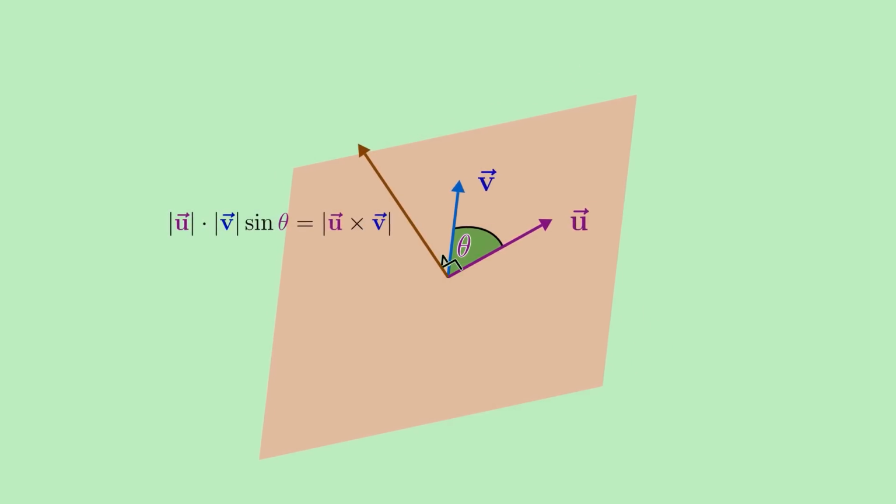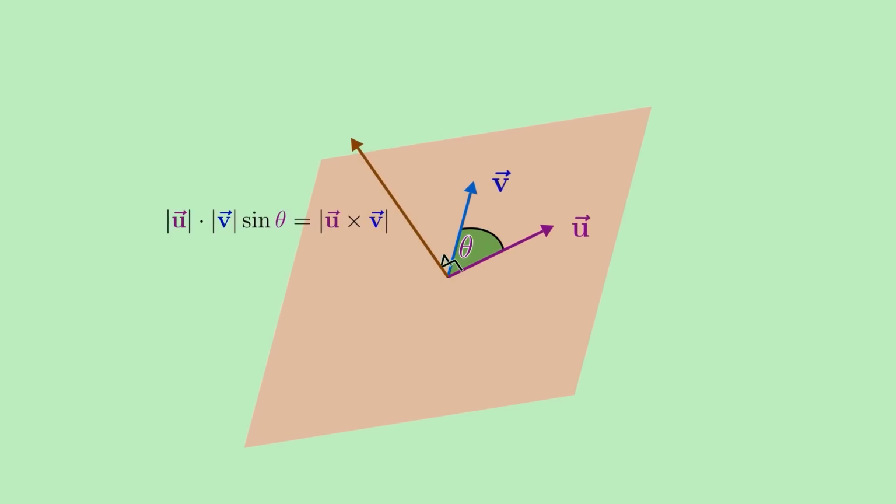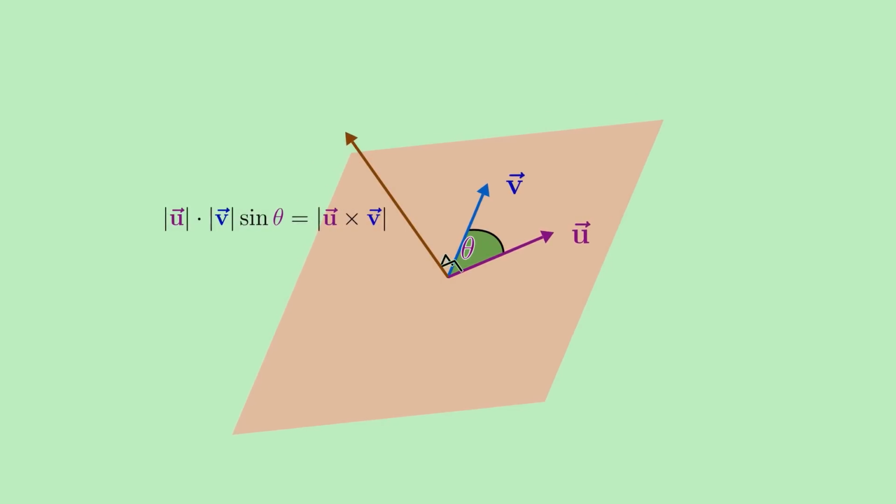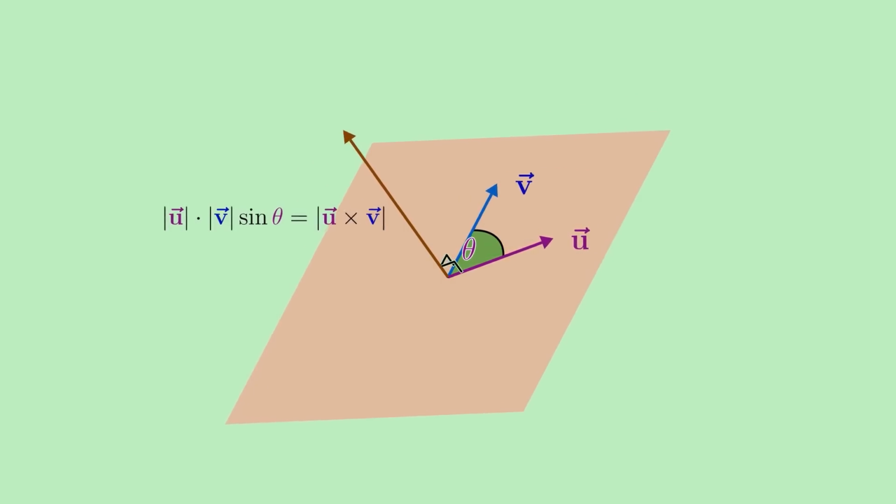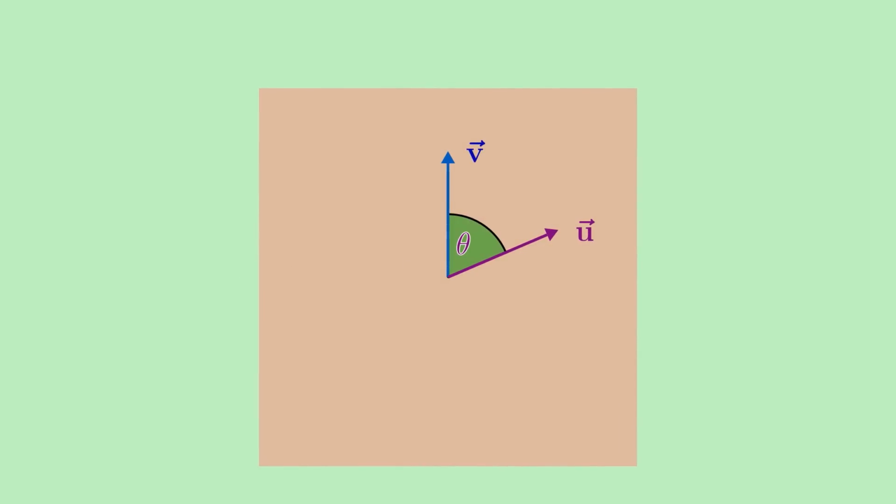And the direction it points is given by the right-hand rule, which basically says the cross product vector is placed so that if you orient your eyeball directly above it, the vector v should lie in a direction counterclockwise from the vector u.